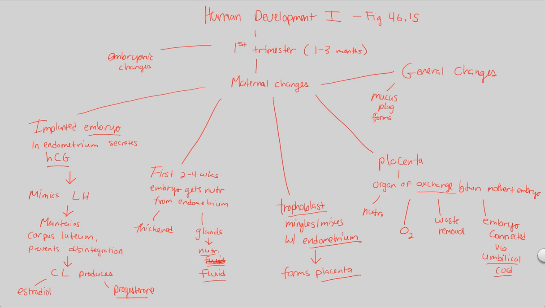This prevents any other possible entry of any other sperm into the female reproductive tract, because right now it's not necessary for any other sperm to enter, because we're trying to devote all necessary resources to this current pregnancy and a successful development of the embryo that's in the uterus. So that's why we plug it up. We make sure nothing else can enter through this mucus plug at the cervix.